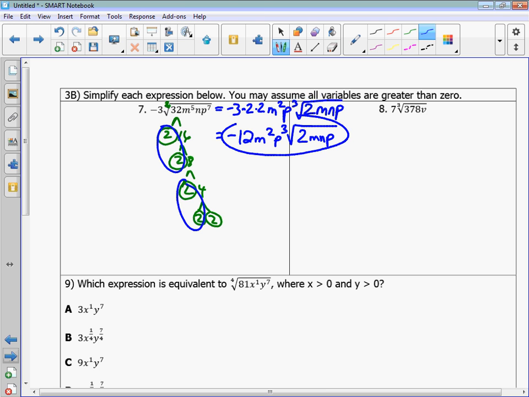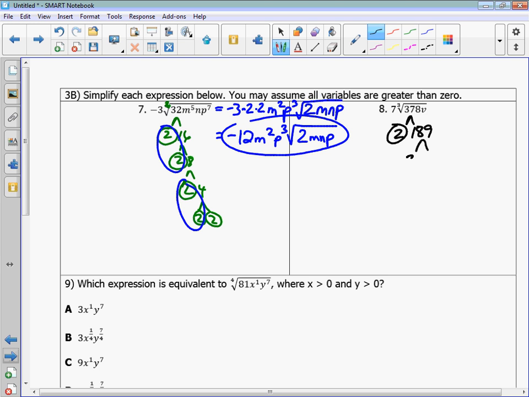Number 8 is 7 cube root of 378b. Taking 378 down, that is 2 times 189. 189 is divisible by 3, so it's 3 and 63.